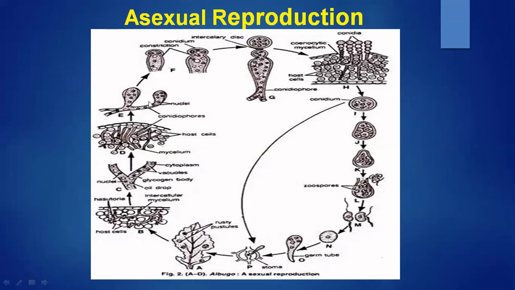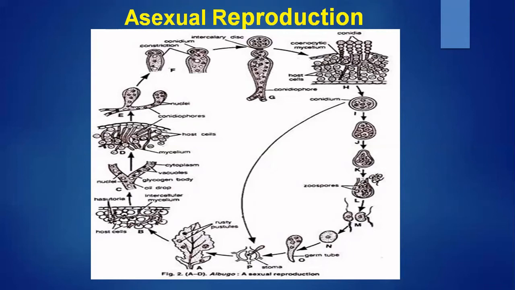So with this, the first step has come: entry of pathogen Albugo into the host tissue has occurred, and development of mycelium below the lower epidermis has resulted in the formation of short, erect, club-shaped sporangiophores or conidiophores. Next, it enters into the next step, that is formation of conidia or sporangia or zoosporangia.